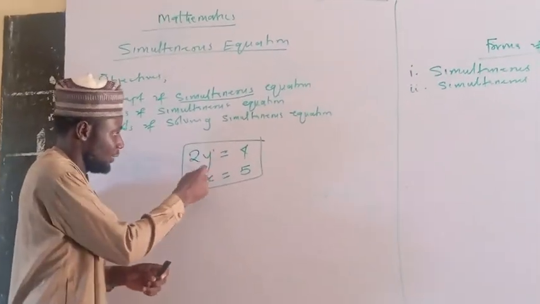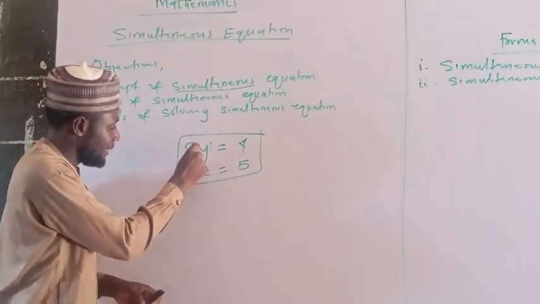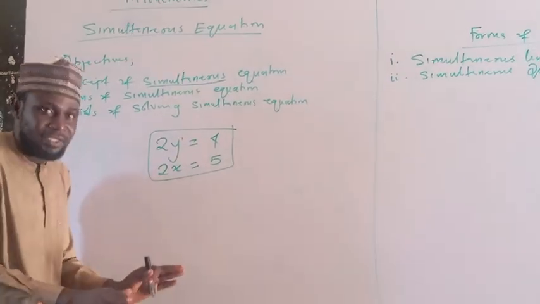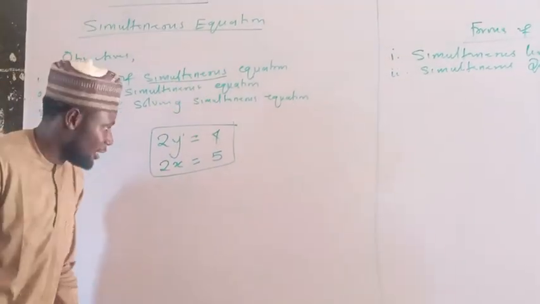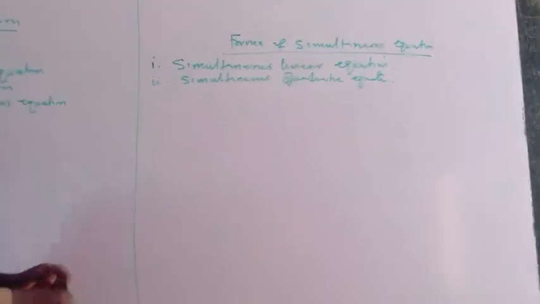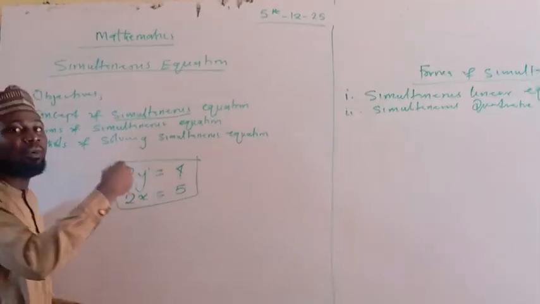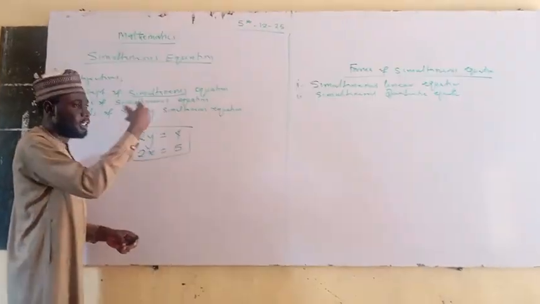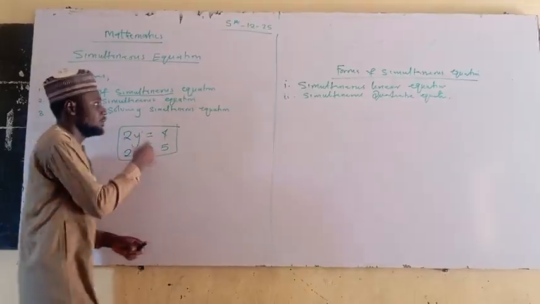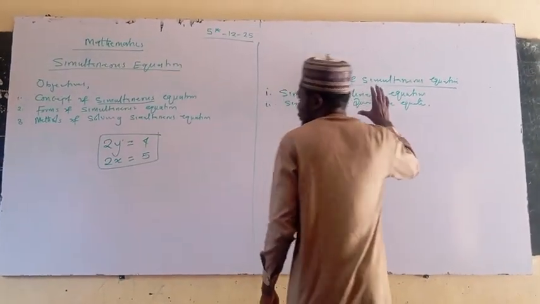If the power of the unknown is 1, like y, it has no other power, it is alone, then it is simultaneous linear equation. But if the power of y is more than 1, is 2 or 3, then it is simultaneous quadratic equation. So these are the forms of simultaneous equation.